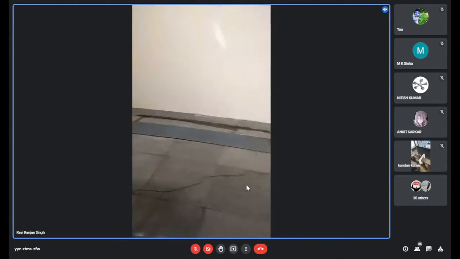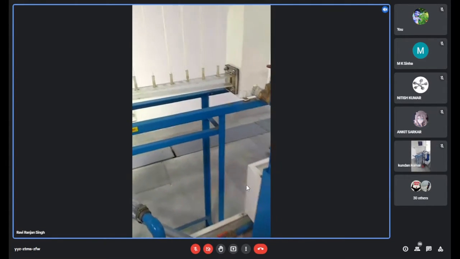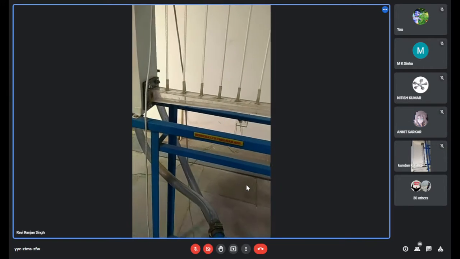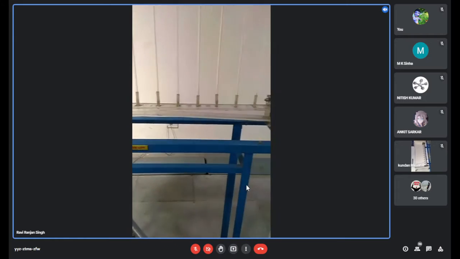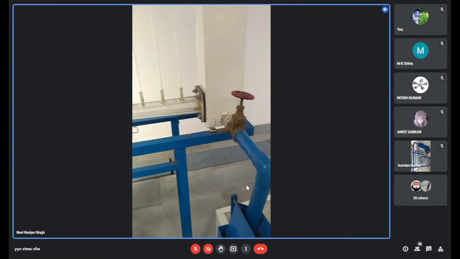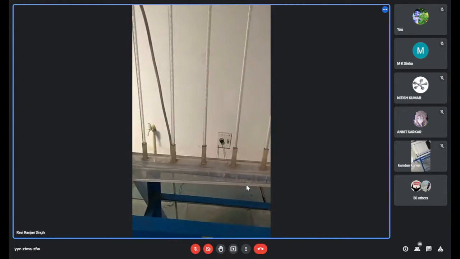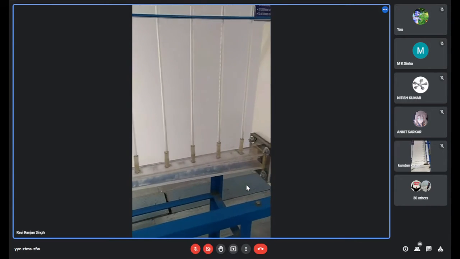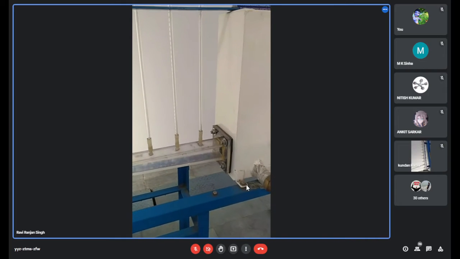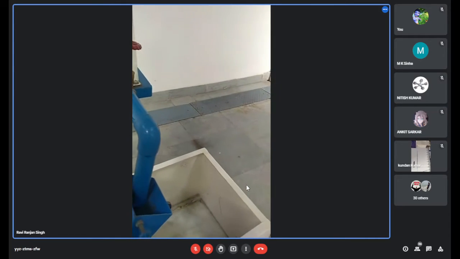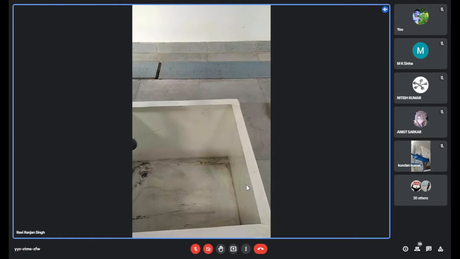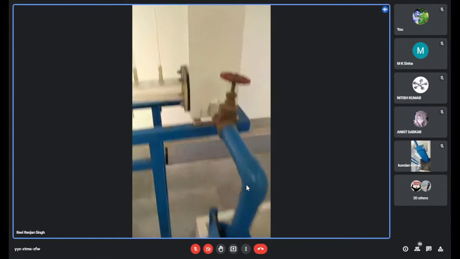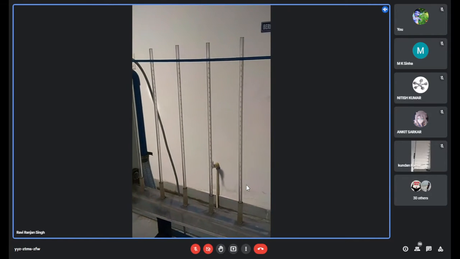After that, the second experiment is about the Bernoulli's theorem, and this is its apparatus. We have to verify the Bernoulli's theorem. This is the tank in which we will measure the flow of the discharge, and these are the manometers at different sections.